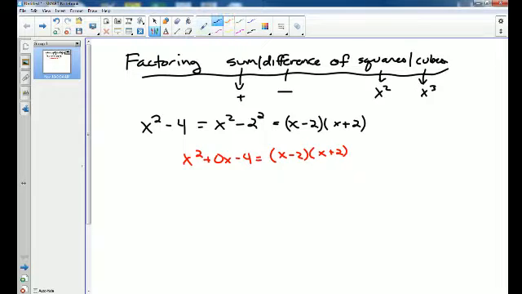How about something with a little more information in it. So we have 6x squared minus 9. So how do we factor it?